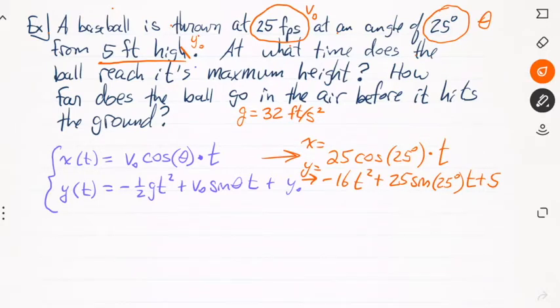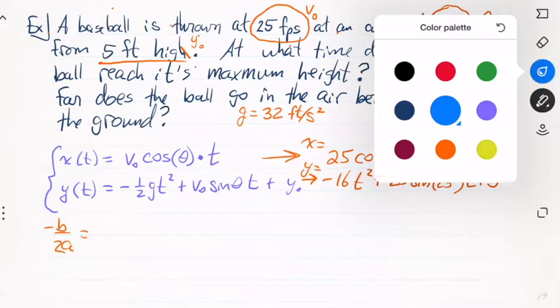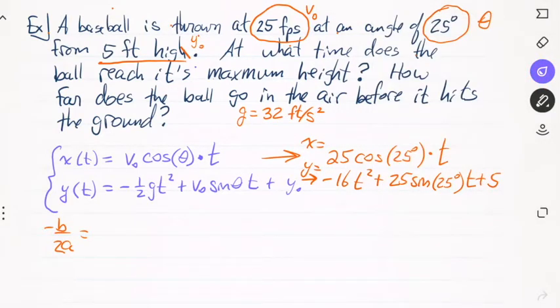Okay, so if I want to find out its maximum height, then the height is the y coordinate, not the x. So how do I find the maximum height of y? Well, we do it like we did in 171. We use the formula negative b over 2a. So negative b over 2a, so this is b, the whole thing, and of course this is a in our quadratic equation there.